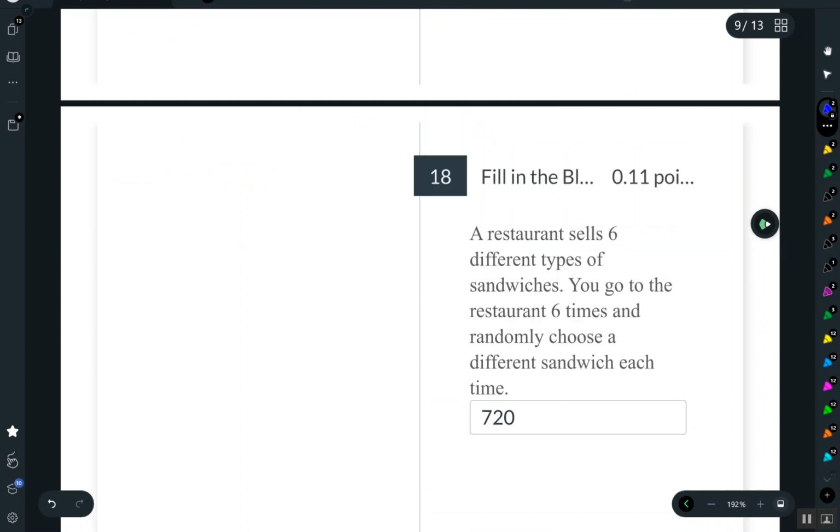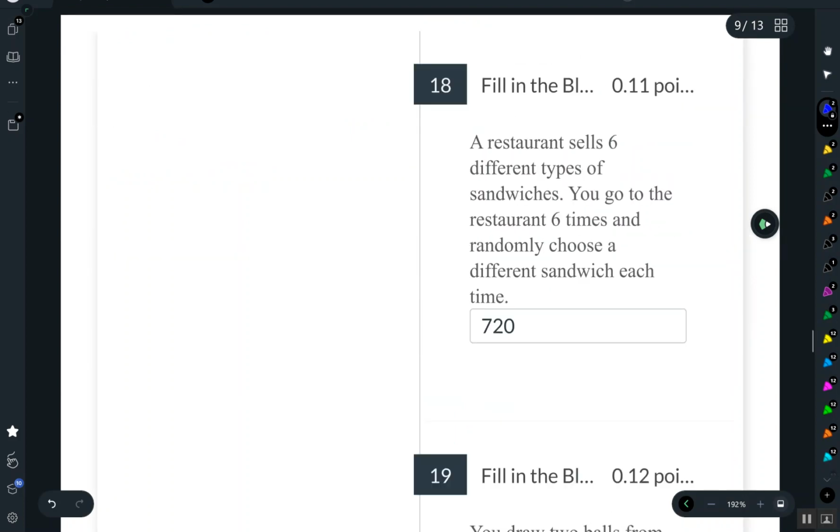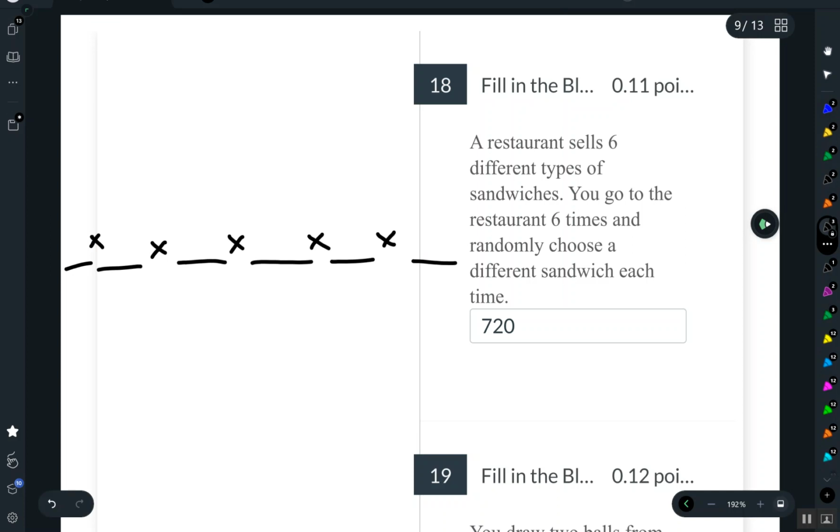Number 18 is also a counting principle question. It says a restaurant sells 6 different types of sandwiches. You go to the restaurant 6 times and randomly choose a different sandwich each time. So I'm going to the restaurant 6 times, so I'm going to put 6 numbers. Okay.